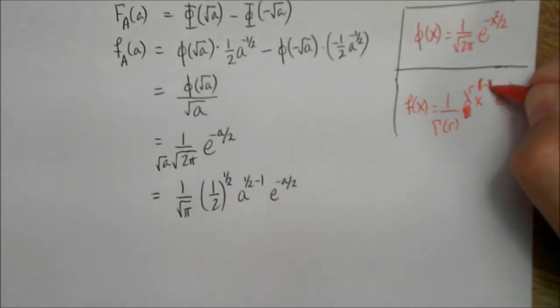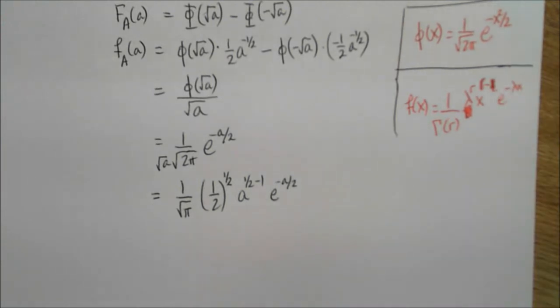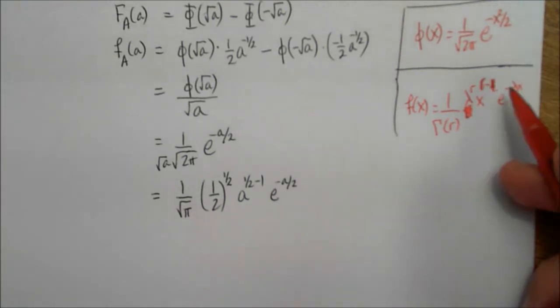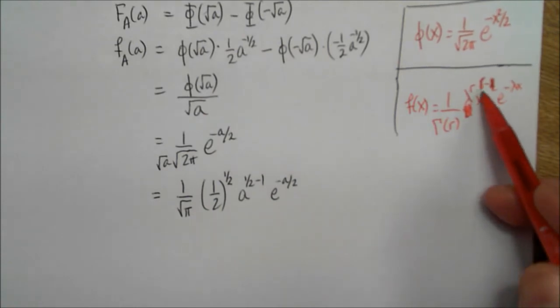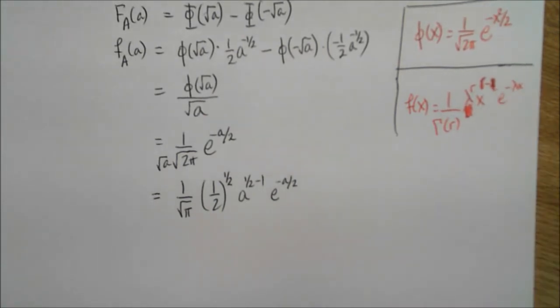That is the PDF for the gamma distribution: 1 over gamma of r, lambda to the r, x to the r minus 1, e to the minus lambda x.